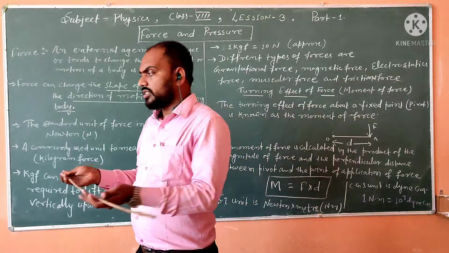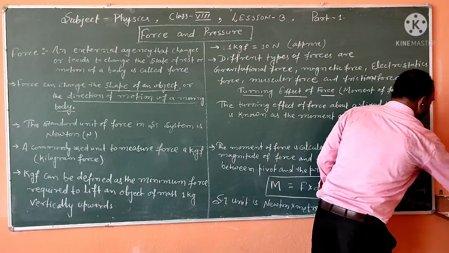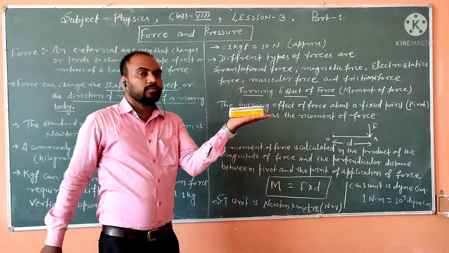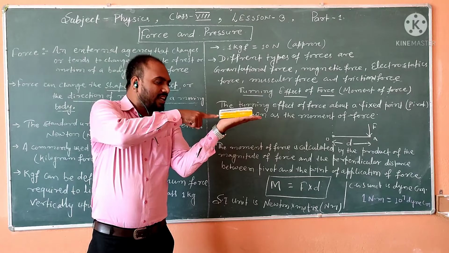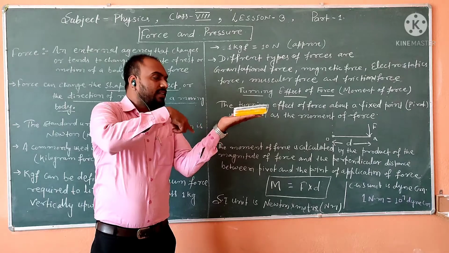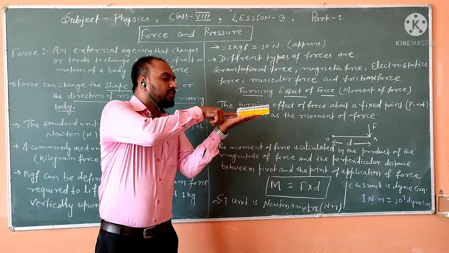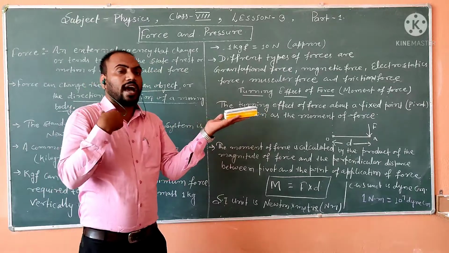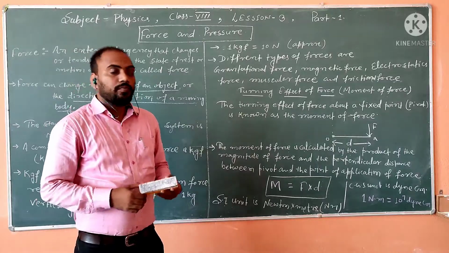You may also understand by another example. Let's say there is a duster, just lying on my palm. Okay? And if I apply some external agent and it makes a change in its position, the duster starts moving, then the cause which I am applying is called force.